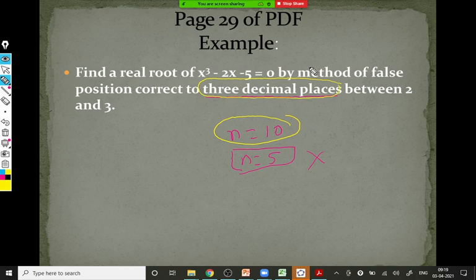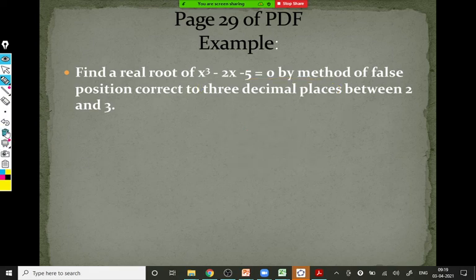So we have to do the calculation correct up to 3 decimal places. You can keep 3 decimal places from the beginning, or if someone has the habit of writing 4-5 decimals continuously, that is also okay. Your answer will be approximately correct. You may have small errors here and there, that is always accepted.